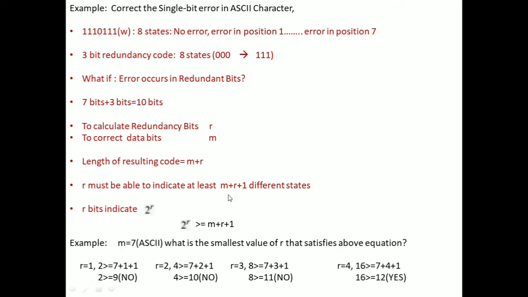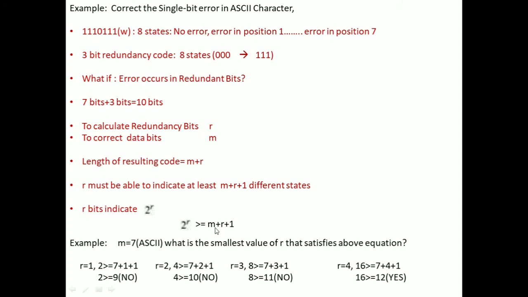So m plus r plus 1 different states must be represented by r bits, and we know that r bits indicate 2 power r states. Therefore, 2 power r must be greater than or equal to m plus r plus 1.